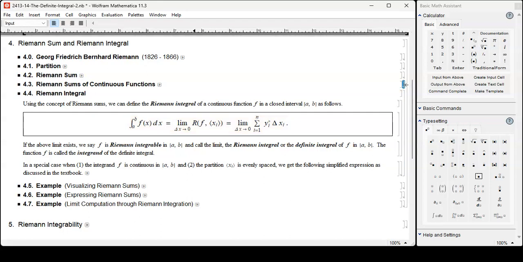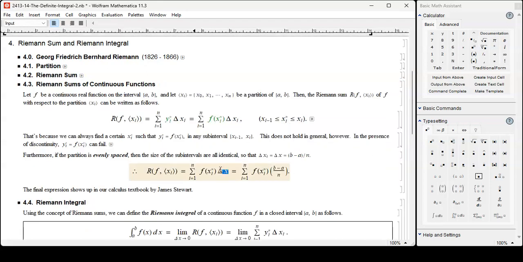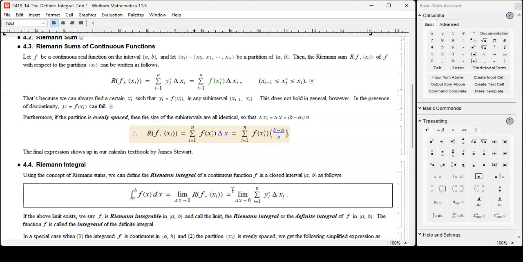But for evenly spaced Riemann sums, where the interval size delta x is all identical, which is the same as b minus a over n, the original interval length b minus a, evenly divided by n, in this case b minus a over n going to 0 and n going to infinity mean the same thing. So in our textbook, the limit is written as n going to infinity, but that's too specific.